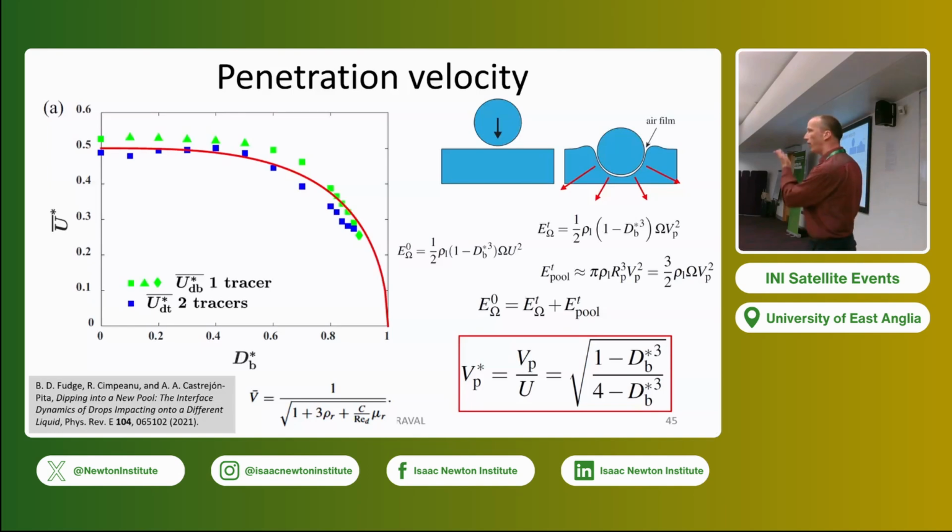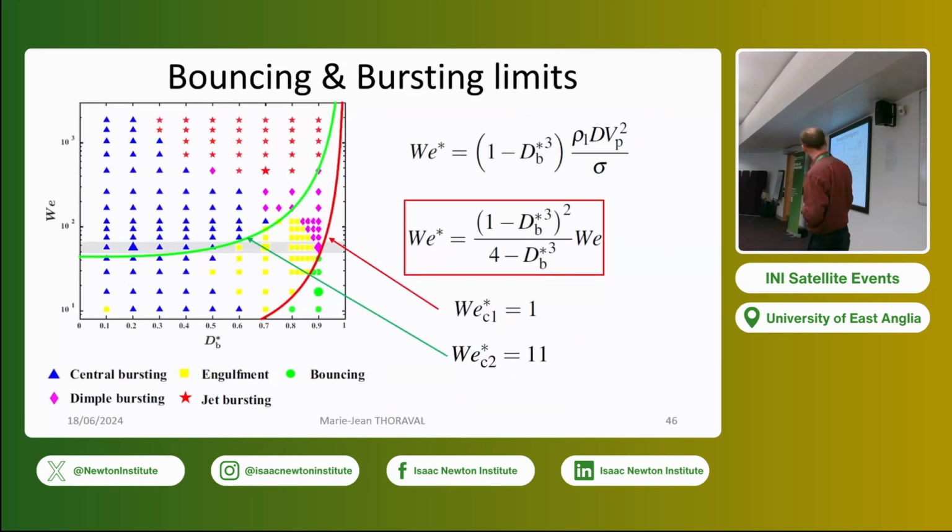And now that you know the velocity that is relevant for the impact, you can put it in your Weber number, and you get this dependence on the size of the bubble. You can see that there is a nice transition captured by a constant modified Weber number for the bouncing and the engulfment of the bubble.